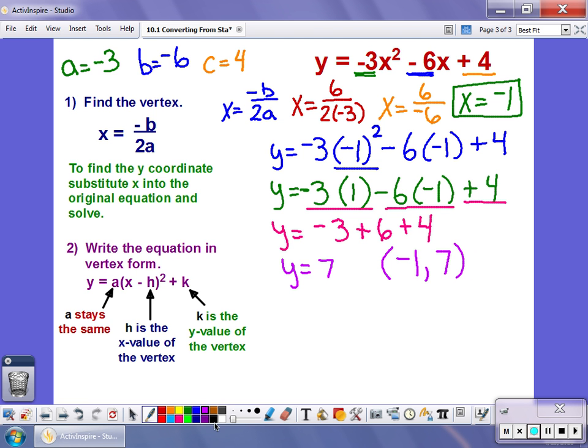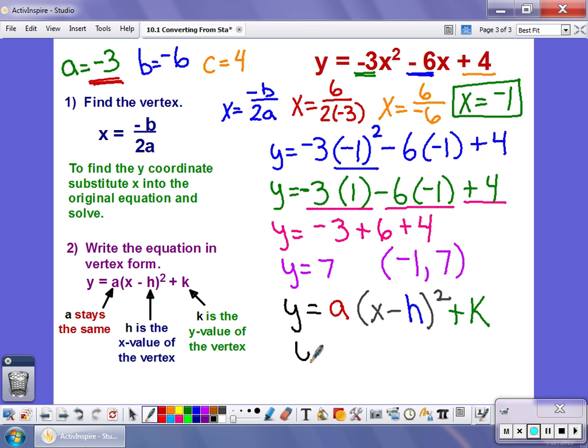Now going back to our equation, y equals a times x minus h squared plus k. So it's time to plug everything in. Remember, the a value comes from up here, negative 3.